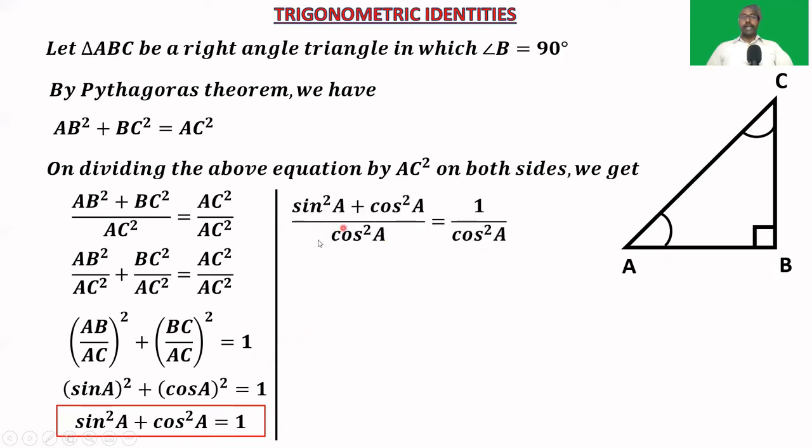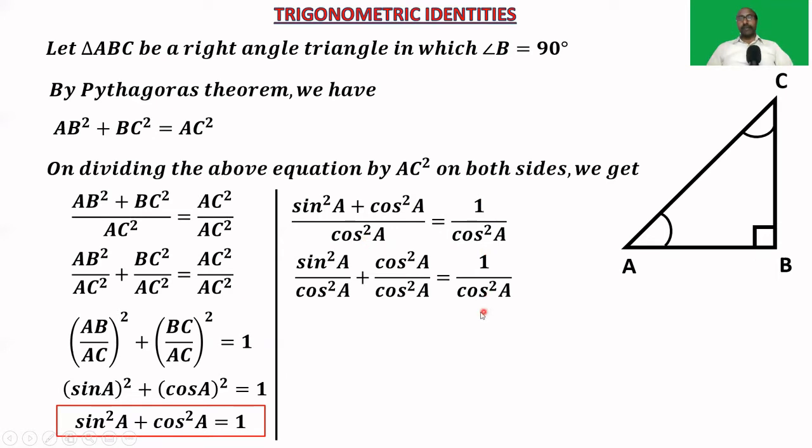We are dividing by cos square A. And now, by separating, we get again sin square A by cos square A plus cos square A by cos square A is equal to 1 by cos square A. Here also we can write the sin square A by cos square A as sin A by cos A whole square. Or directly we can write sin A by cos A is tan A. And sin square A by cos square A is tan square A. Plus cancelling, here we get 1. And we know that 1 by cos square A is sec square A.